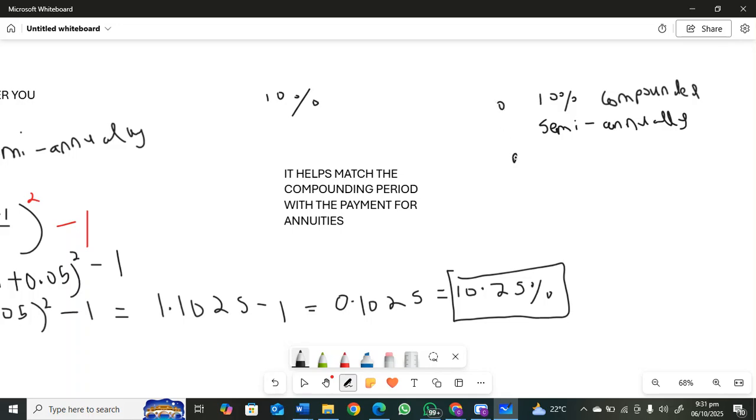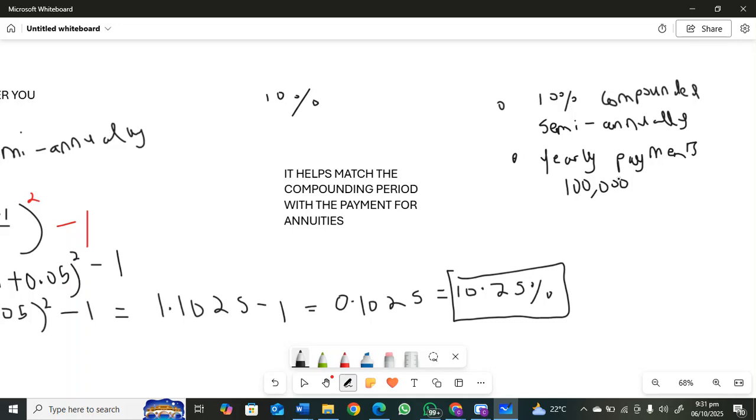And for this annuity, you're paid after a year, okay? Your yearly payments of maybe let's say 100,000 kwacha. So here the compounding period is semi-annual, it's twice a year. But the payment is only once a year.